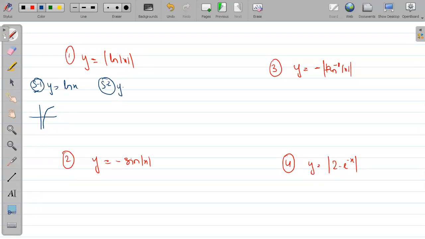Step 2: y equal to ln of mod x. You can put the mod outside first also. It's your choice in what way you are moving. So you have to take the image about the y-axis. You will get this one only. Step 3: you have to put mod over the complete function. Whatever there is in the downward part, you have to take the image and then remove the downward part. So you will get the graph like this.